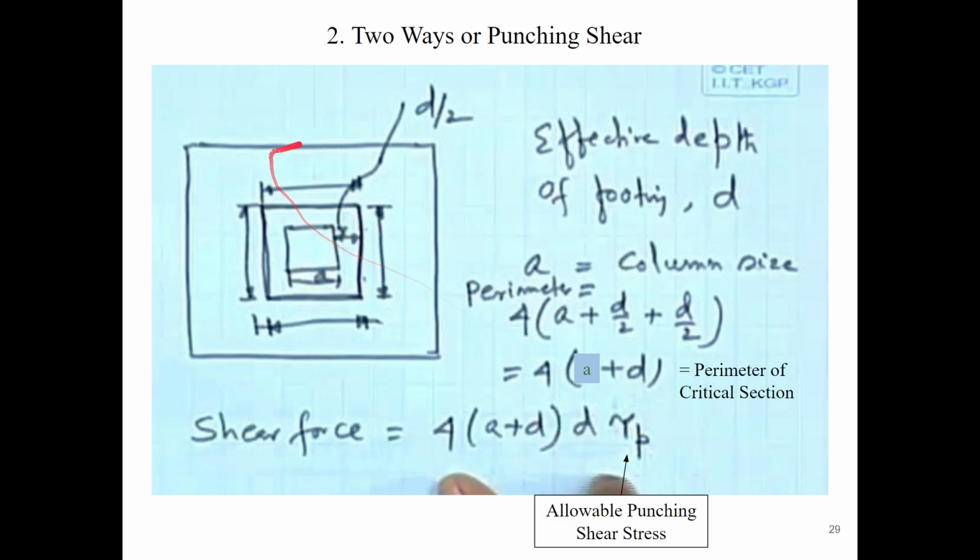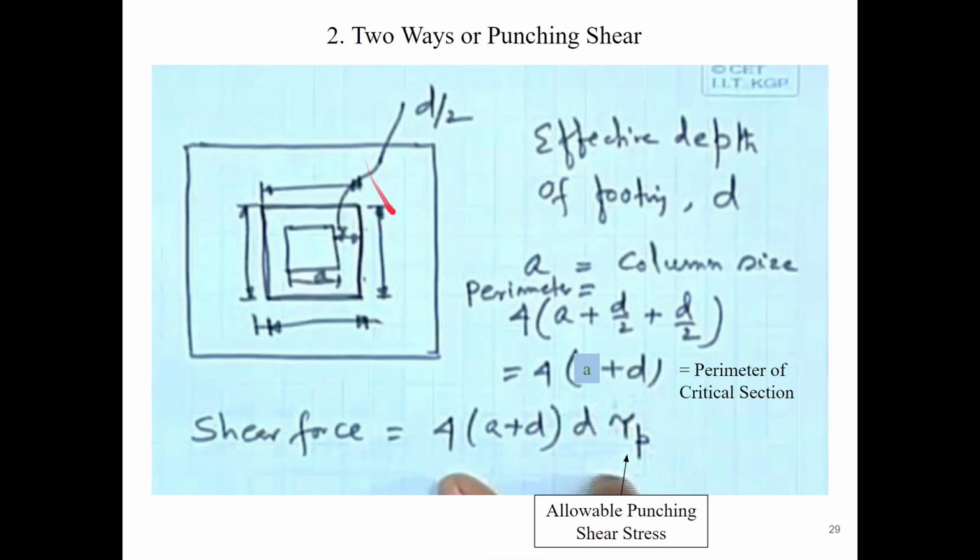So the perimeter of the critical section will be 4 times (a plus d by 2 plus d by 2), because it is a square, so the critical section will also be a square. So that comes to be 4 into (a plus d), and that is the perimeter of the critical section.